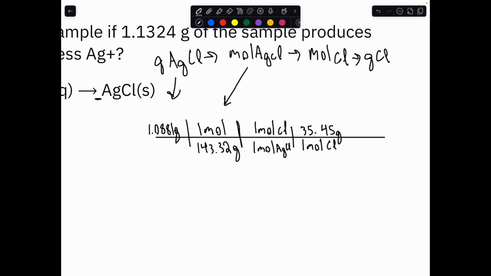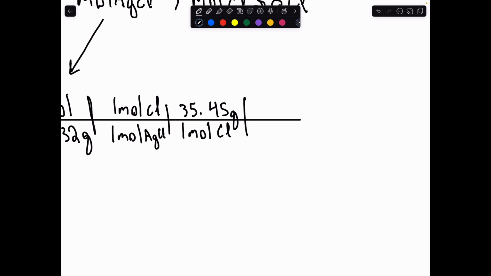And so once we do that math, we're going to get around 0.26914.